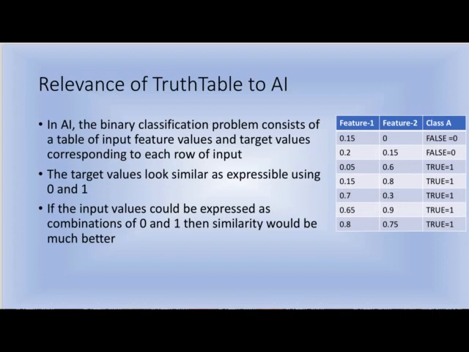And we see here that the target values are represented as false or true, depending on whether the point does not belong to class A or the point belongs to class A. And the input points are represented as input feature 1 and input feature 2.